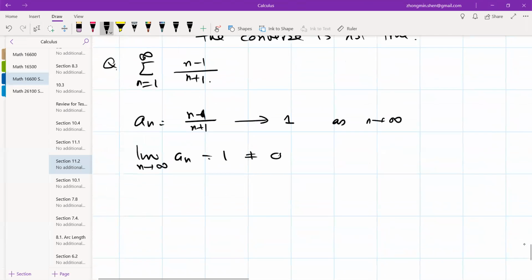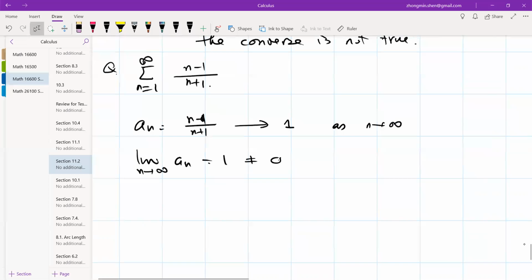The sequence is convergent, but this implies the series is divergent, right? Why? Imagine you add infinitely many terms, but each term is almost 1, so definitely the sum is getting larger and larger.